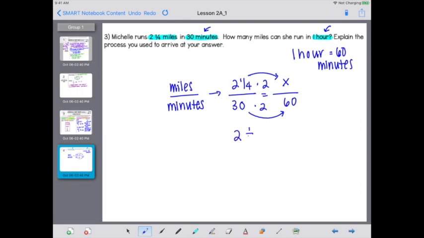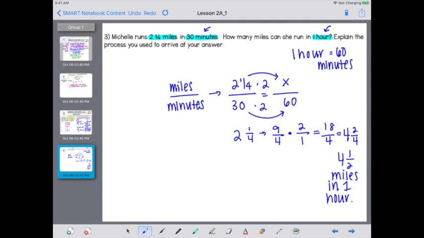So 2 1/4 changes to 9/4 times 2/1, 18/4. And that goes in 4.5 times. Well, technically you have 4 2/4, which would be 4.5 miles in 1 hour.